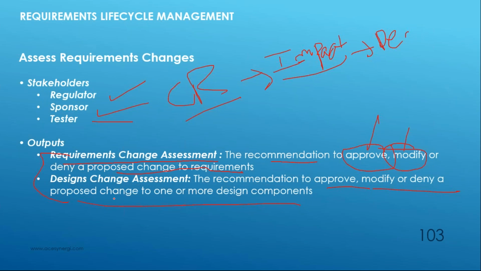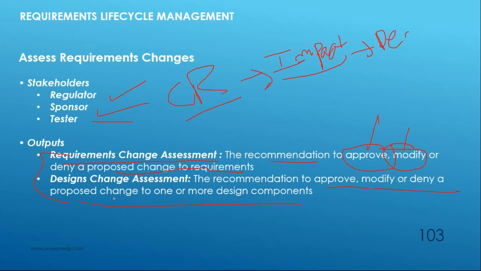Just to sum it up, when we talk about assess requirement changes, it is about how do you deal with the changes which are happening to your requirements. What is the process you will have? The process is entirely determined by the approach you follow to develop a project. It can be a predictive approach, it can be an adaptive approach. Depending on that, you would have to plan to address the change. And once, based on the process, you will know what is the process you need to follow to deal with the change.